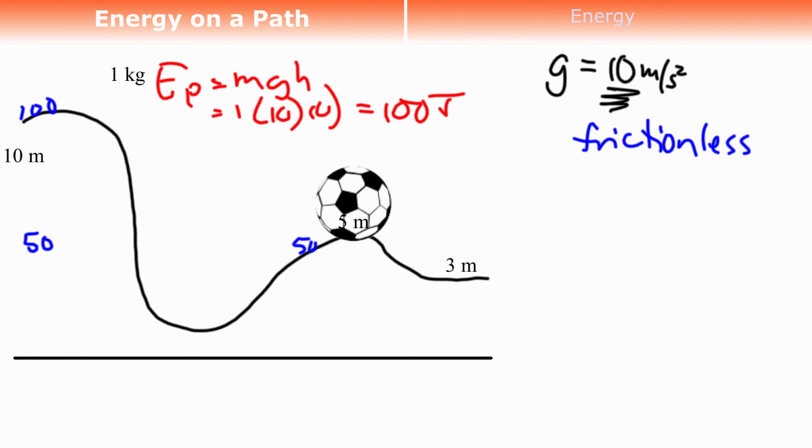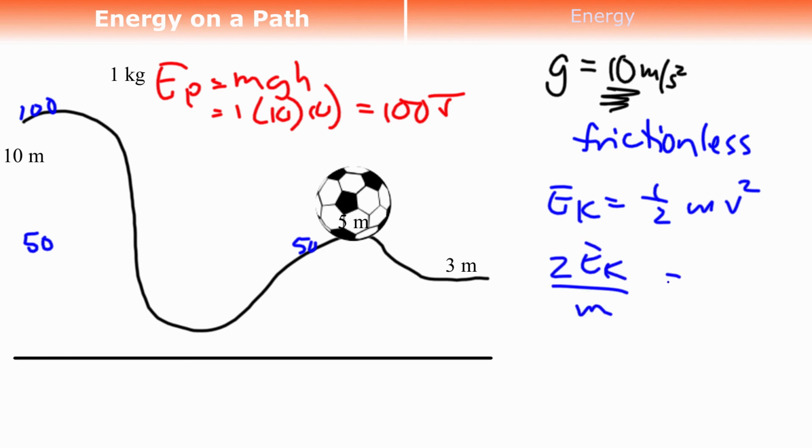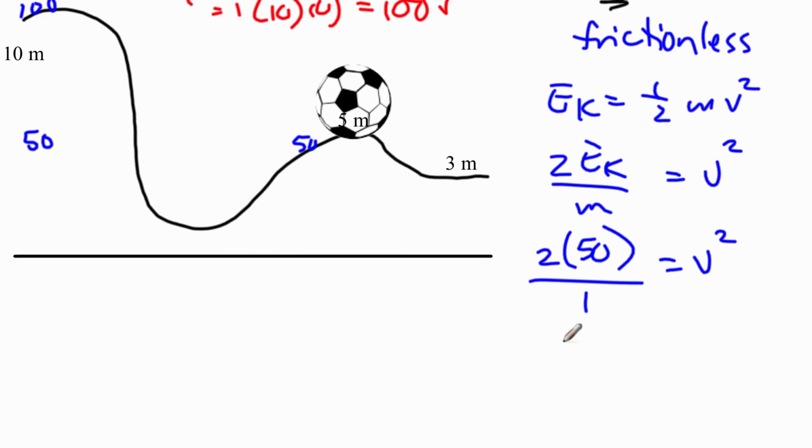So if I again use that formula, kinetic energy is half mv squared, or 2 times the kinetic energy divided by the mass is equal to v squared, and then take the square root of that. 2 times the kinetic energy at half, which is 50, divided by the mass, which is 1, is equal to v squared. 2 times 50 is 100, divided by 1 is 100.